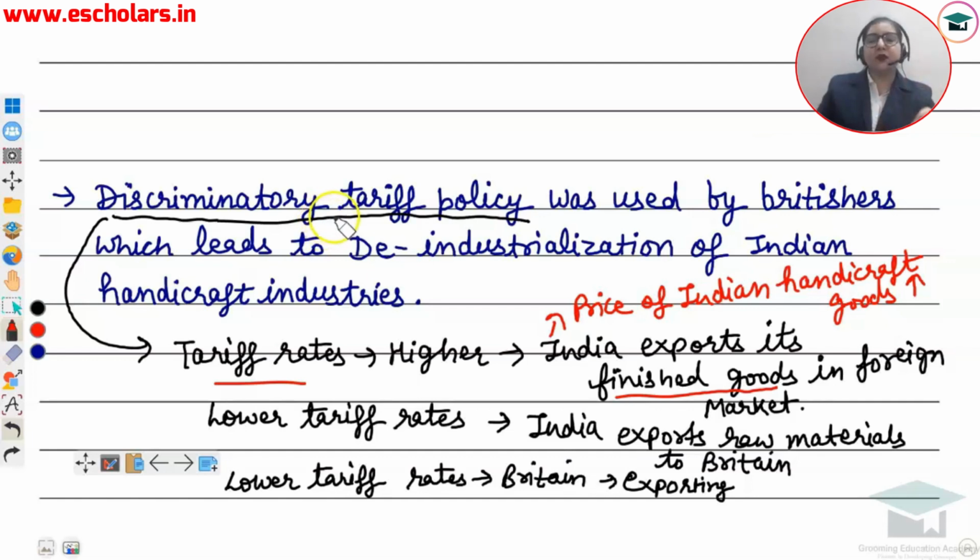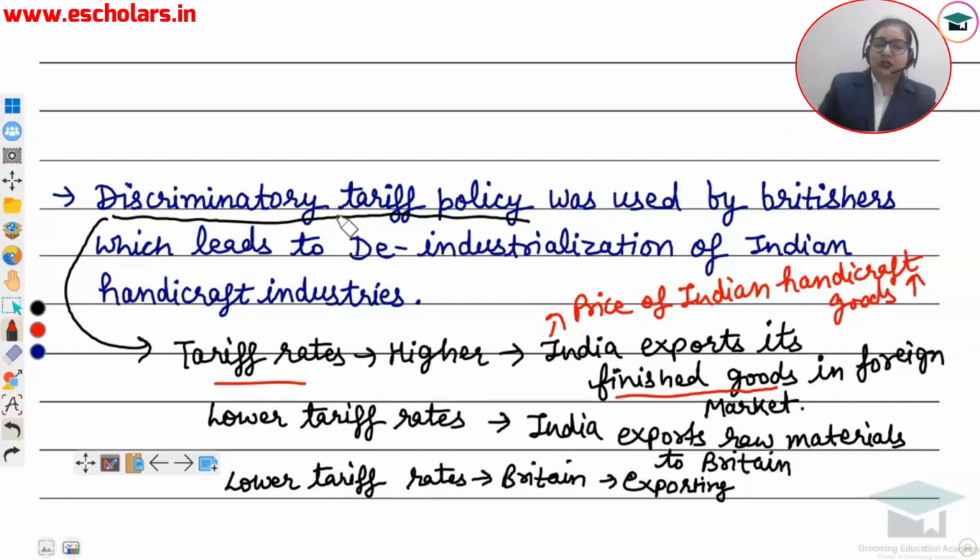So the demand for Indian handicraft goods reduced in the domestic market also, and the industries that were dealing in Indian handicraft goods suffered huge losses due to decrease in demand of Indian handicraft goods in the foreign market as well as in the domestic market.